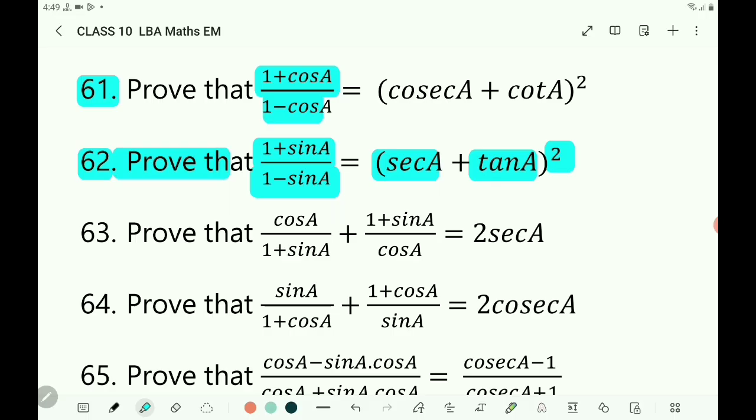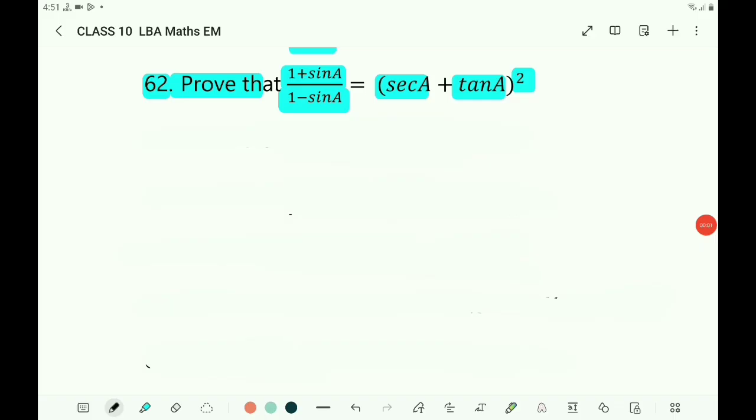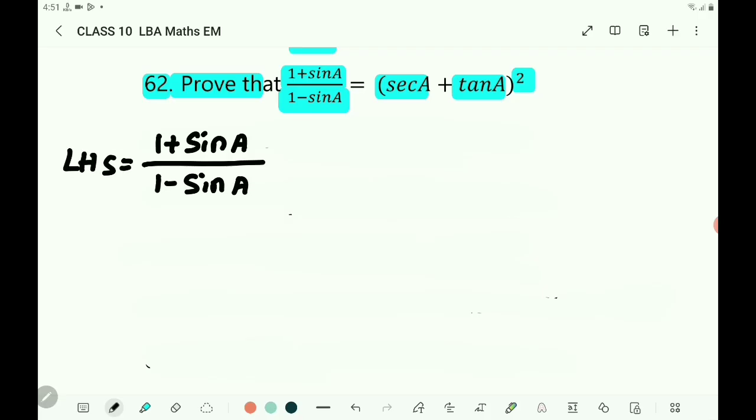The steps are same, but here in the place of 1 plus cos A by 1 minus cos A, there is 1 plus sin A by 1 minus sin A. You take the LHS. LHS equals 1 plus sin A by 1 minus sin A.